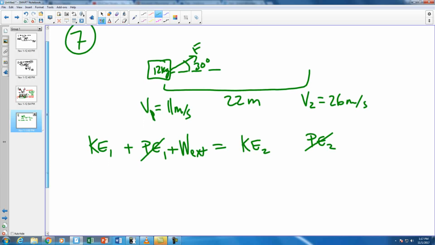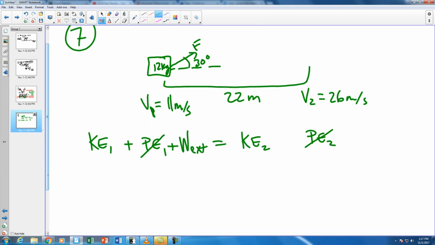So what this leaves me with is trying to fill in all the information. 1/2 mv1 squared plus the work by an external force, because I'm trying to figure out how much force there is. Work, remember, is Fd cosine of theta.